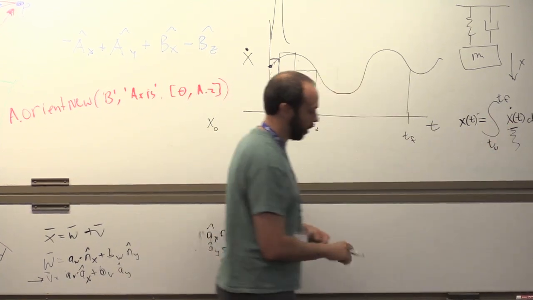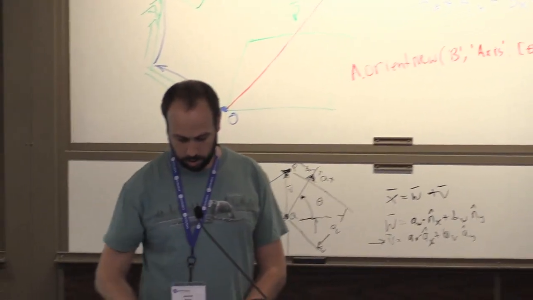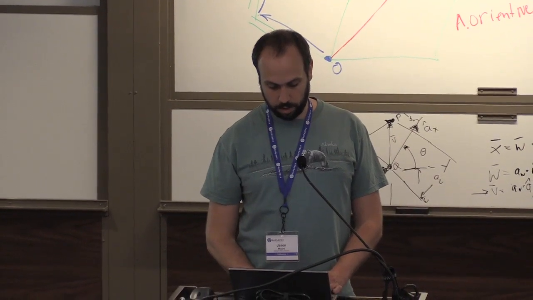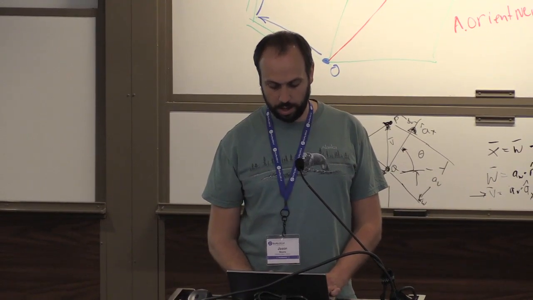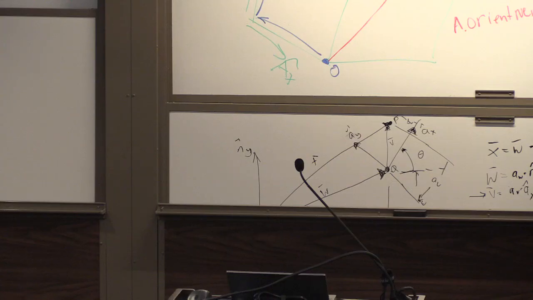So that's what the doc string is telling us right here. It needs a function, func, that computes the derivative of y at t naught, whatever time you provide it. So at this time, it gives us the value of that function.